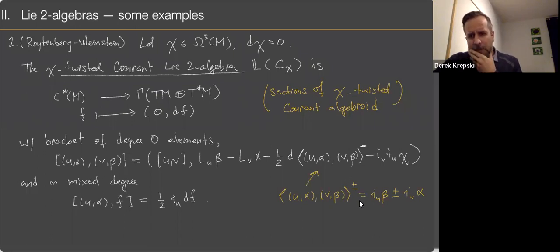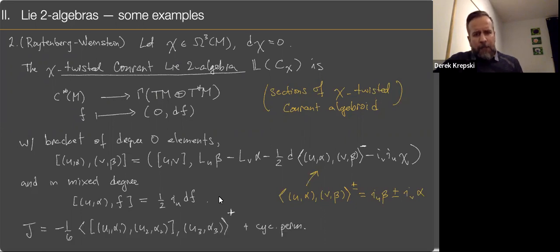This one is the one with the minus sign, and this time in mixed degree we do have a non-zero bracket, and again we have a Jacobiator, different from the previous example, and again we're using this notation with the pairing.